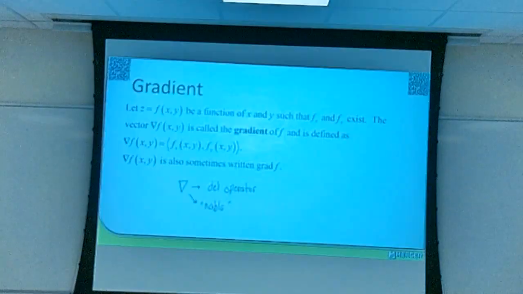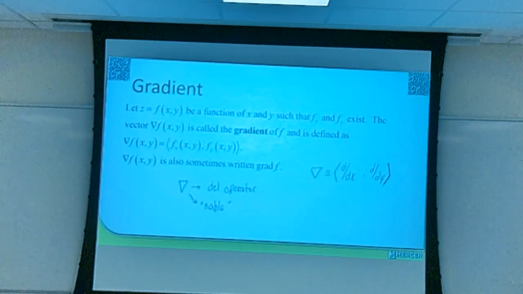And the operator, for two variables, I'm going to stick with two variables. Now again, this is an operator. So writing nabla just by itself doesn't make sense, right?